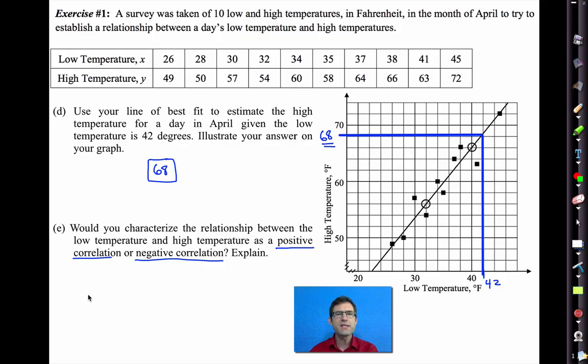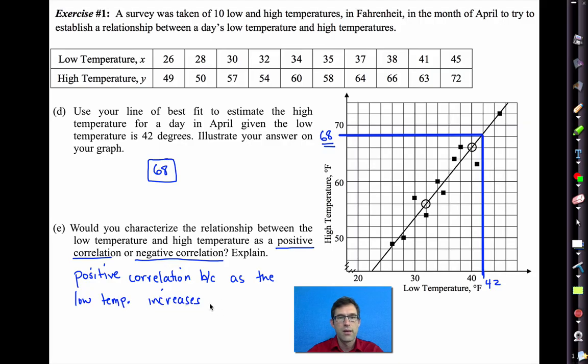Now, by the way, positive and negative aren't about it being a good correlation or a bad correlation, all right? In fact, I would call this a positive correlation because as the low temperature increases, the high temperature increases.